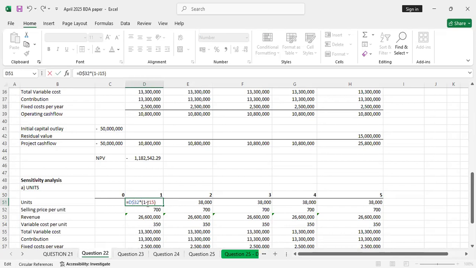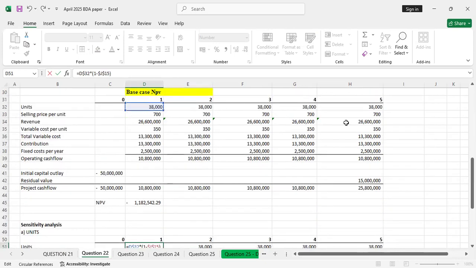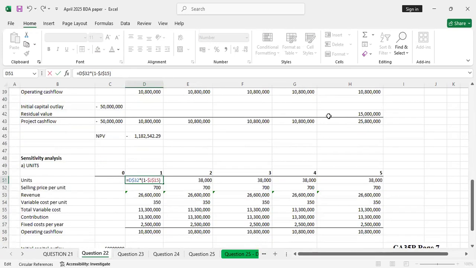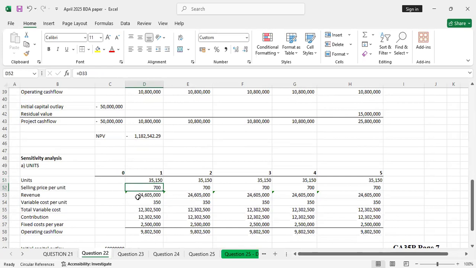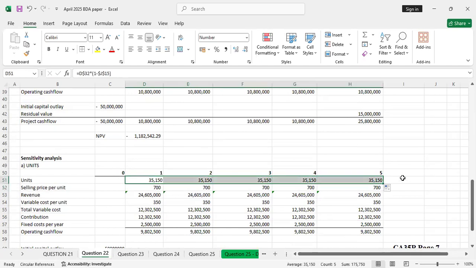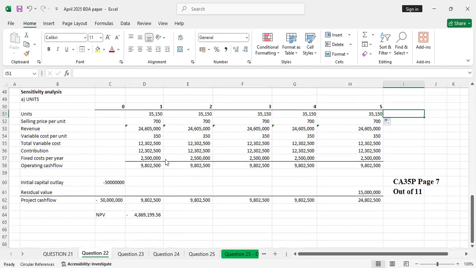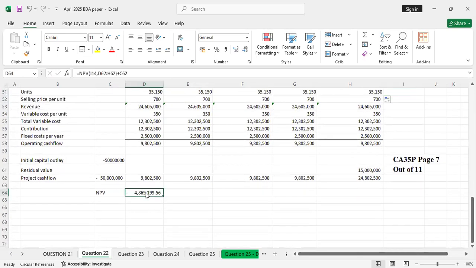But I'll lock the 7.5% completely because it will be constant all through, so that when I enter and drag, those other values will change automatically based on the items here. The units are the same throughout. So once you enter, it gives me 35,150 all over, and it doesn't change that way. Once that changes, you can see the NPV is still negative.